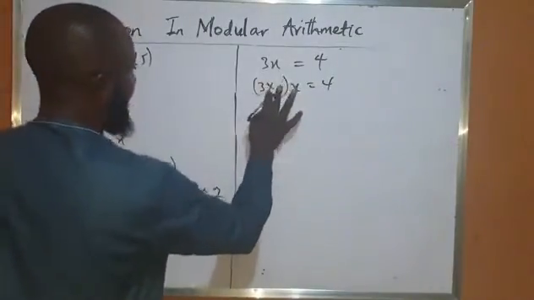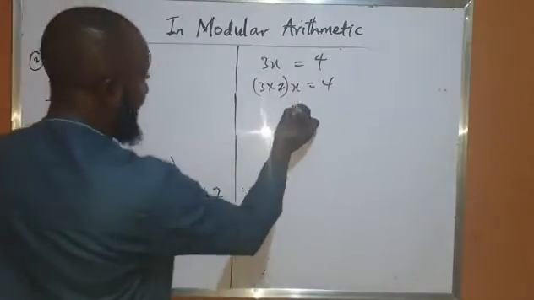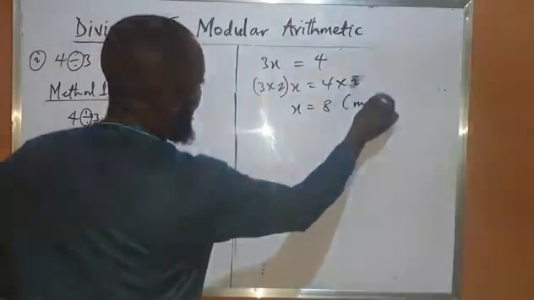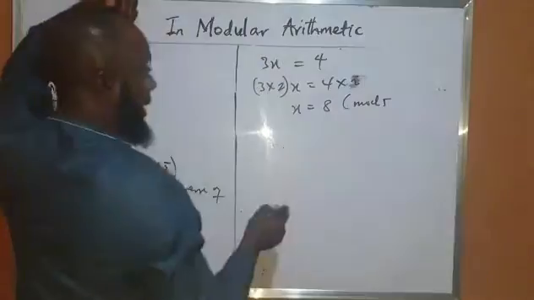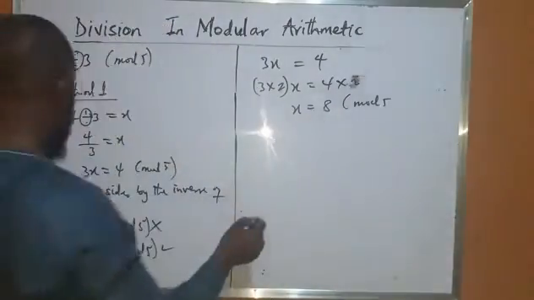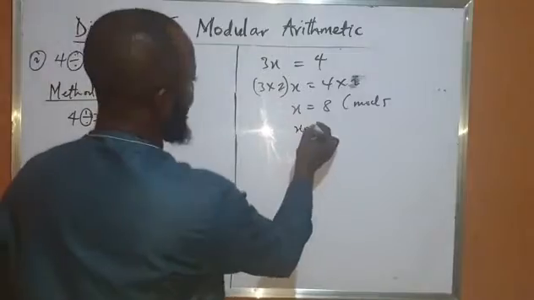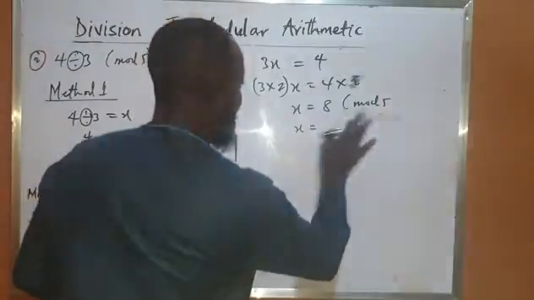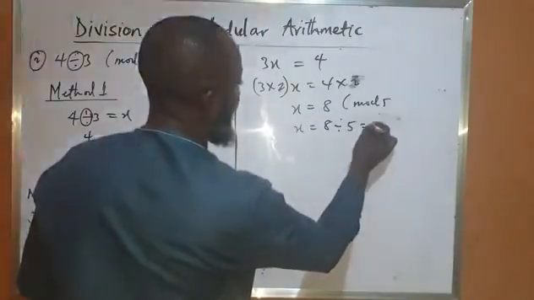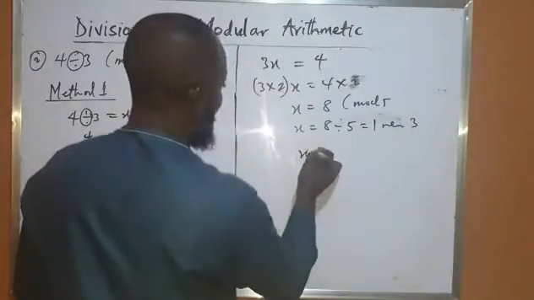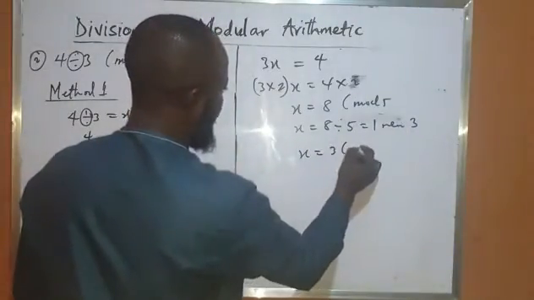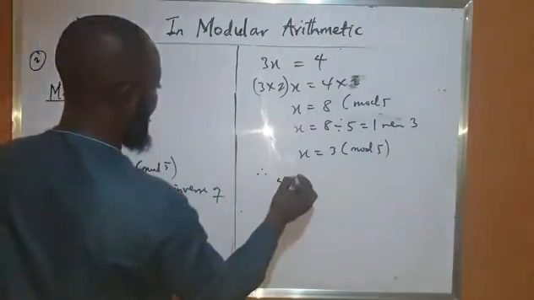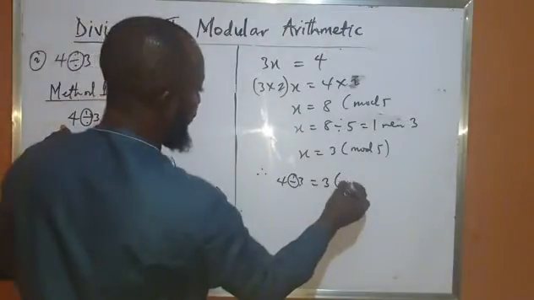So 3 times 2 here gives us what? 1. 1 times x is x, equals 4 times 2, which is what? 8, mod 5. So we simplify this. When we simplify, we're going to have what? 3 mod 5. Because 8 divided by 5 equals 1, remainder 3. So x equals 3 mod 5. That means that 4 divided by 3 equals 3 mod 5.